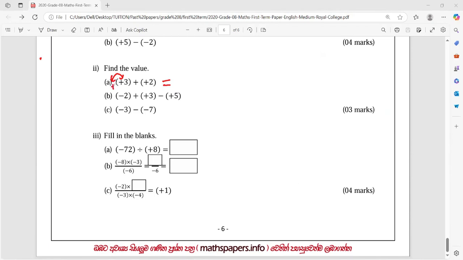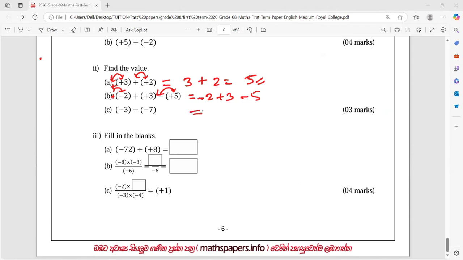If there's no sign here, that's going to be plus. Plus into plus is plus, then plus 3. And here also, plus into plus is plus, then plus 2 is equal to 5. And here you have plus into minus. Plus into minus is minus, then minus 2. Plus into plus is plus, then plus 3. Minus into plus is minus, minus 5.